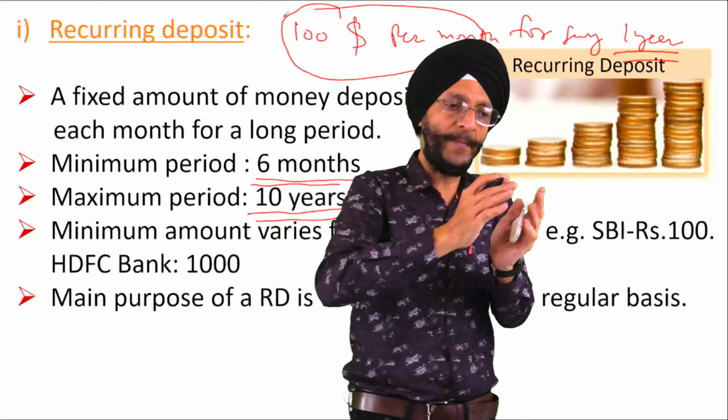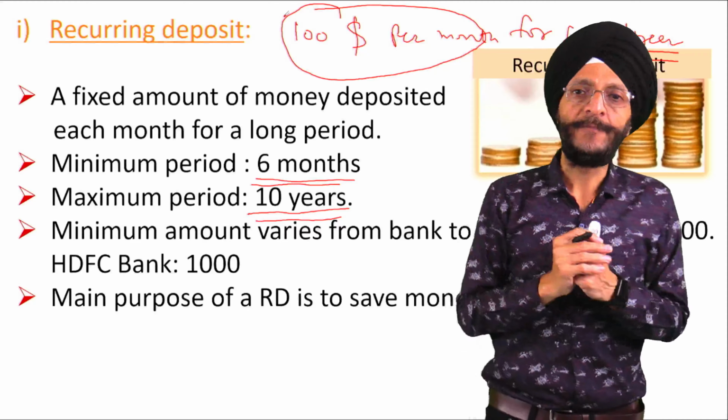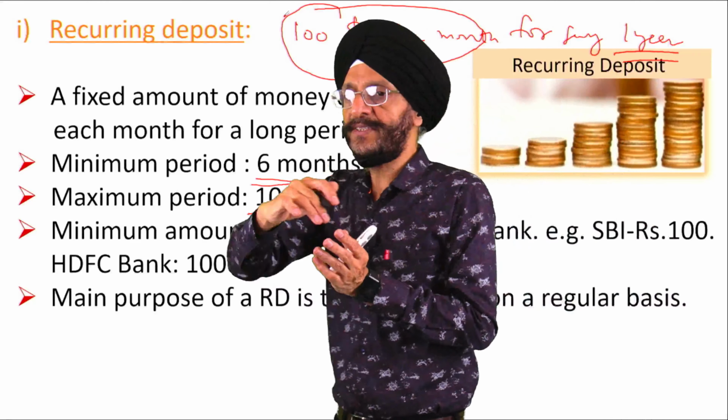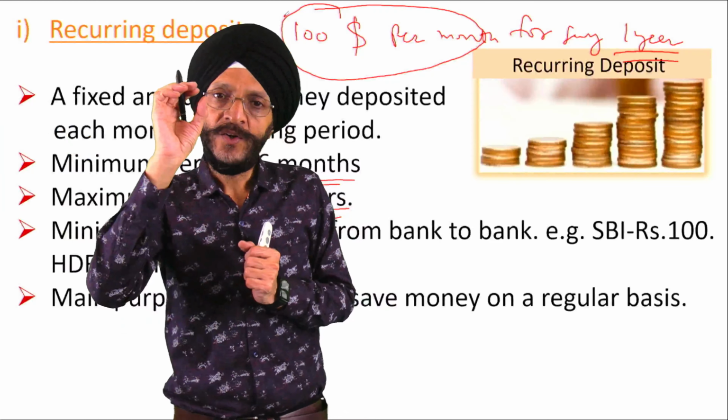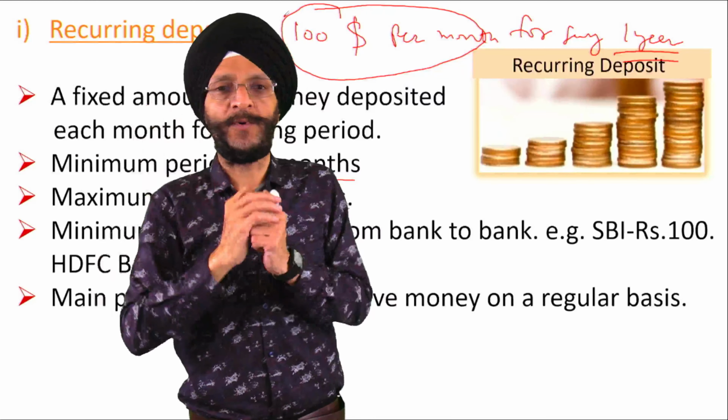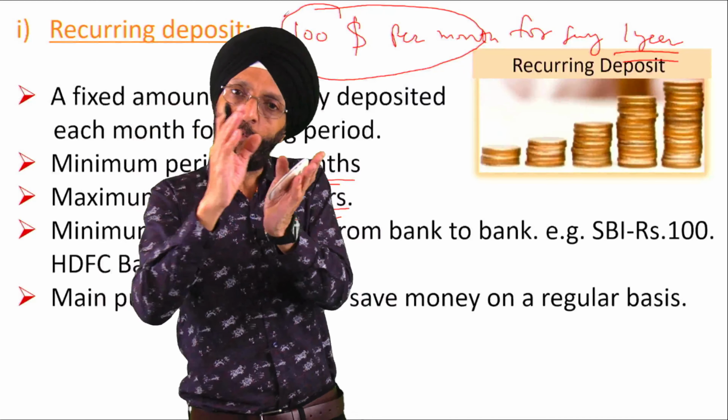And in the case of public sector banks, where the main motive is the welfare of the general public and not to earn maximum profit, the minimum amount for which a recurring deposit account can be opened is somewhat on the lower side.